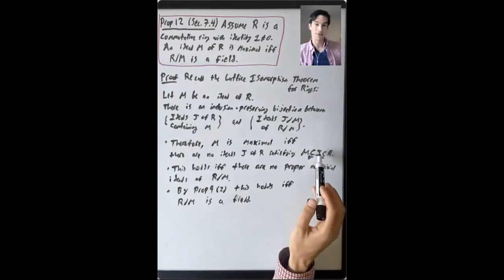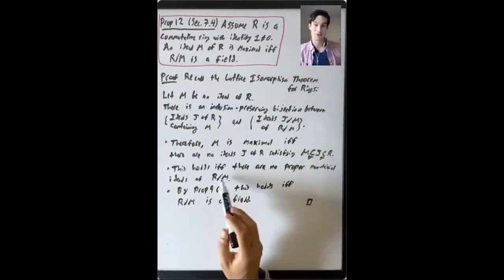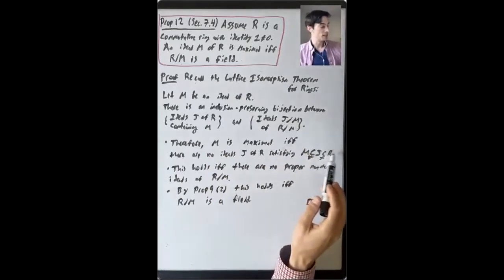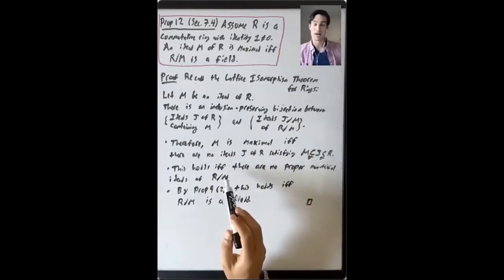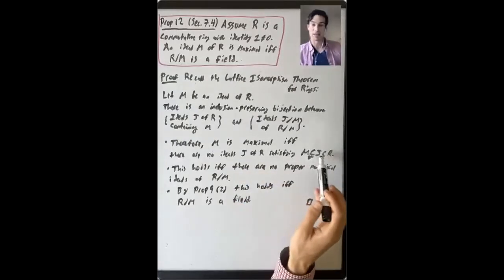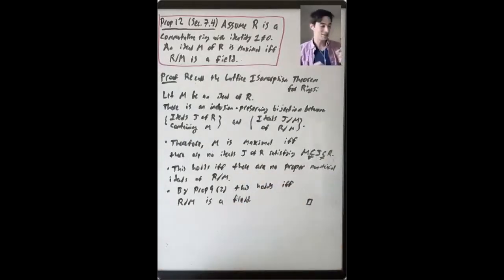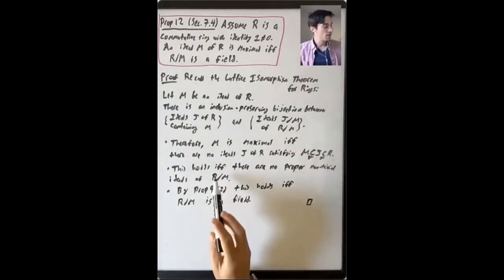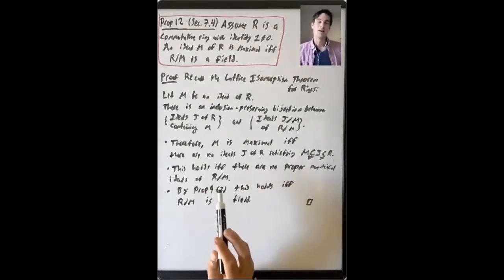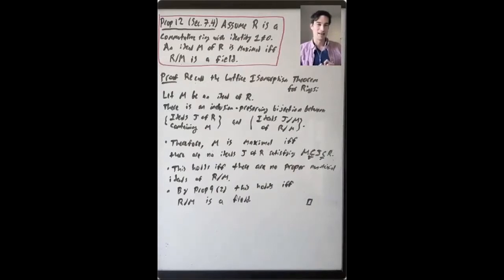Right? I mean, think about what happens. If J is equal to M, you get the trivial ideal of R mod M. If J is equal to R, you get the entire ring R mod M. And if you have a proper non-trivial ideal of R mod M, then you exactly get something in the middle here. All right, so M is a maximal ideal if and only if there are no proper non-trivial ideals of R mod M. But what is a commutative ring with identity that has no proper non-trivial ideals?